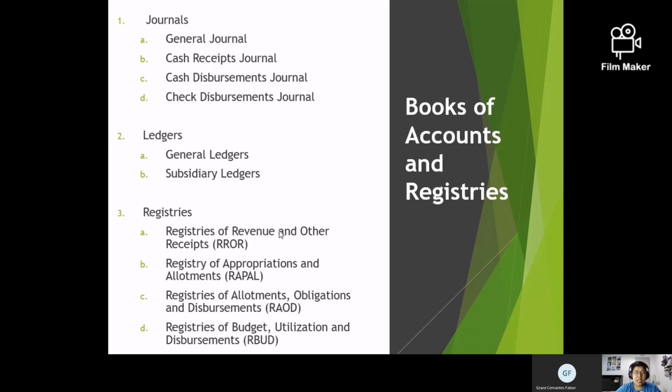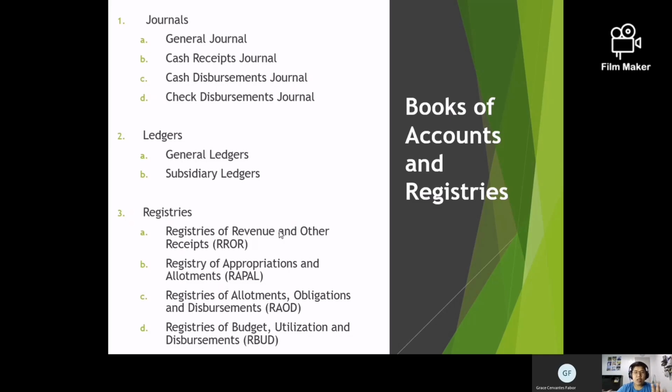This is the same as in private entities. Even if some private or commercial entities do not use other journals, it is basically the same. We also have ledgers, the general ledger and the subsidiary ledgers that support the general ledger.